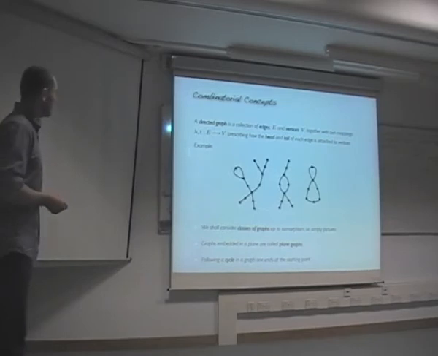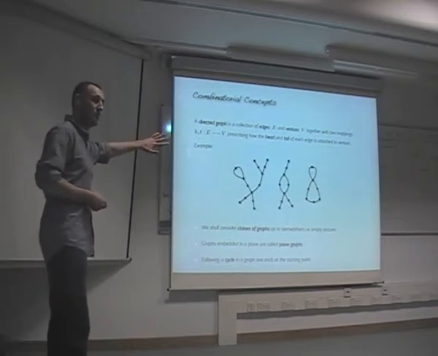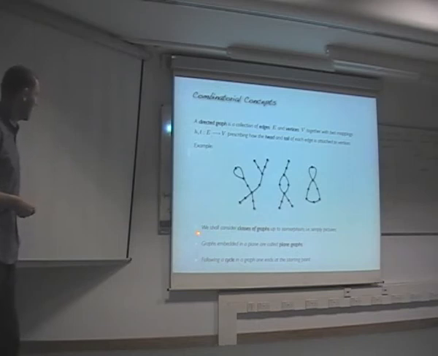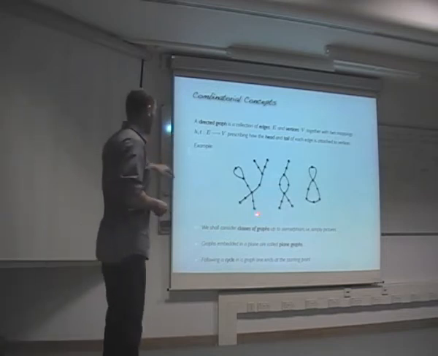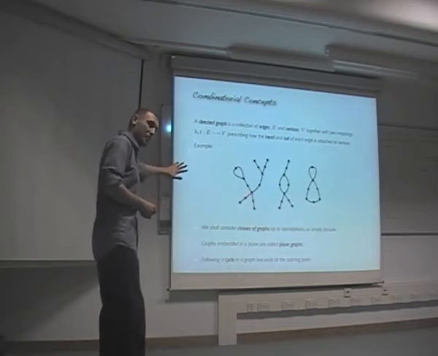And for us, the pictures are enough, so we can forget about this formal definition. Directed graphs are just pictures with vertices and directed lines. That's enough. These graphs will be embedded in the plane. So for this talk, whether this line comes from the left or the right matters, right? So they're embedded in the plane.